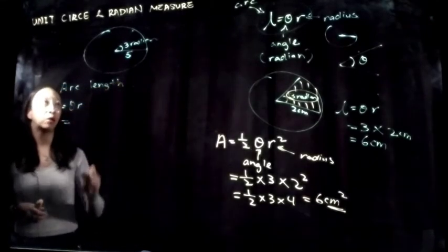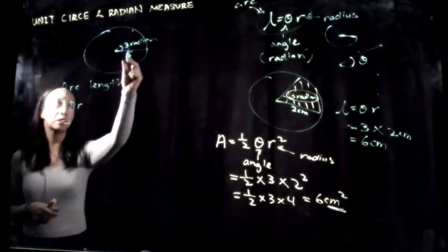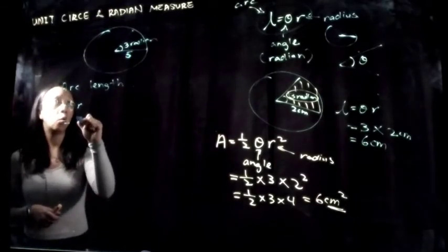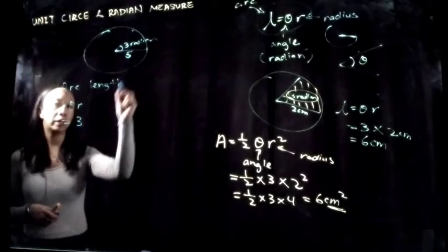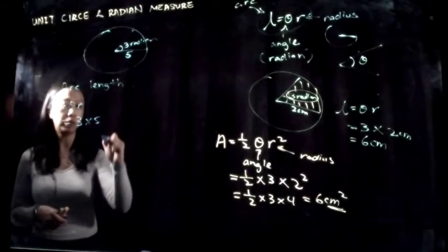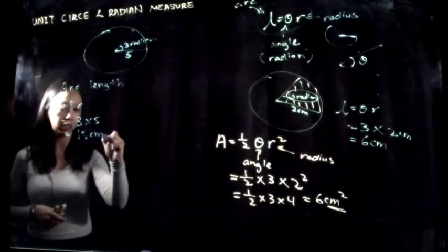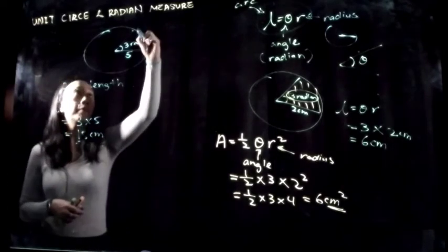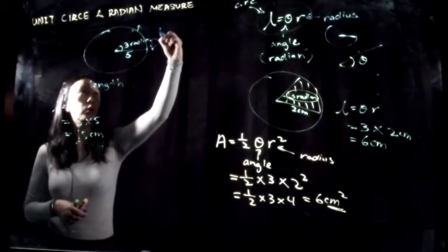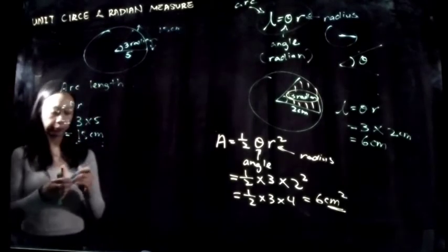Our theta in this case is our angle in radians, which is 3, times your radius, which is 5 centimeters. 3 times 5 is 15 centimeters. So the length of your arc is 15 centimeters.